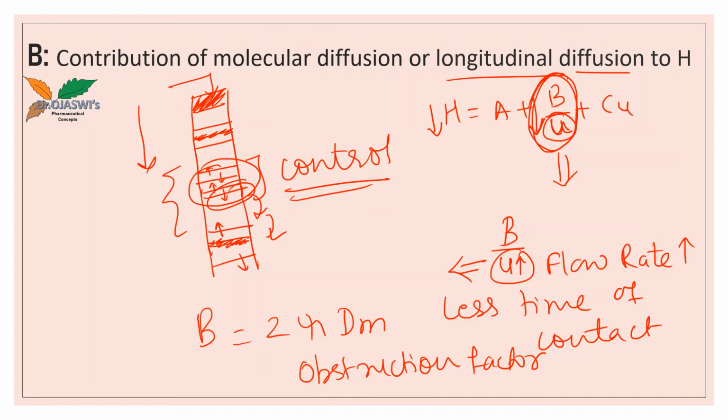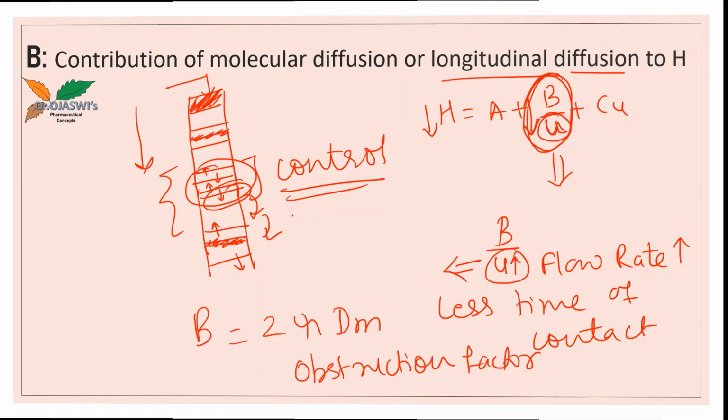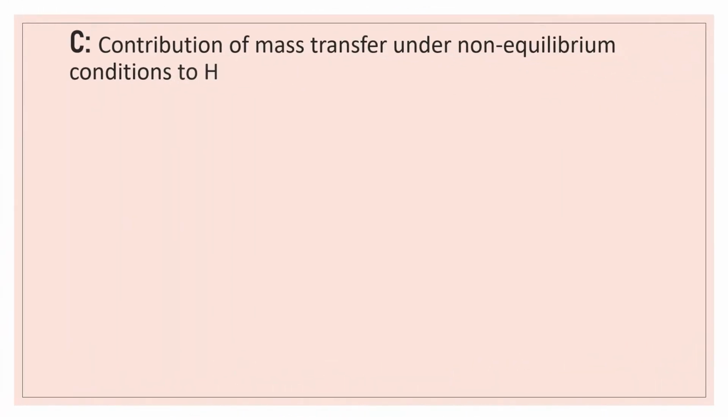Now let us see the next factor, that is the contribution of mass transfer under non-equilibrium conditions to H. What are these non-equilibrium conditions? Non-equilibrium, and equilibrium, means what? Whatever sample I have injected into the column, into the stationary phase, and I'm adding the mobile phase so that the solute is flowing down the column.